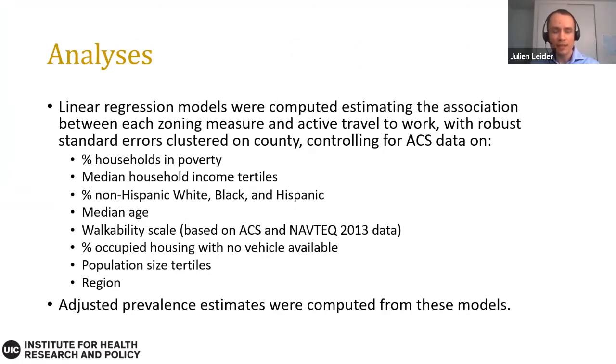We used linear regression models with robust clustered standard errors, controlling for ACS data on a number of ACS sociodemographic and socioeconomic characteristics listed here, as well as a walkability scale, which was designed to partially account for the built environment by measuring housing and population density, as well as intersection density. And that measure was based on ACS data combined with NAVTEC 2013 data.